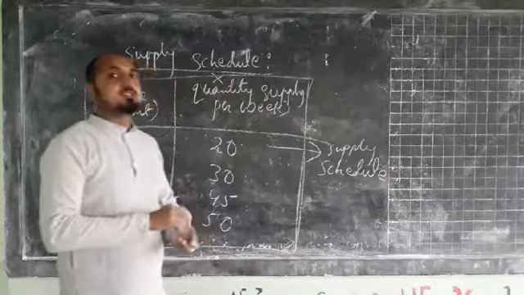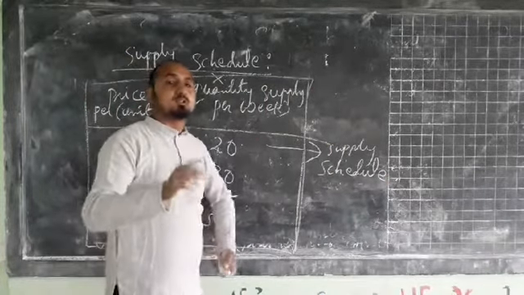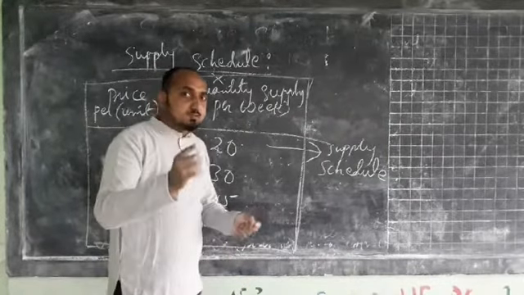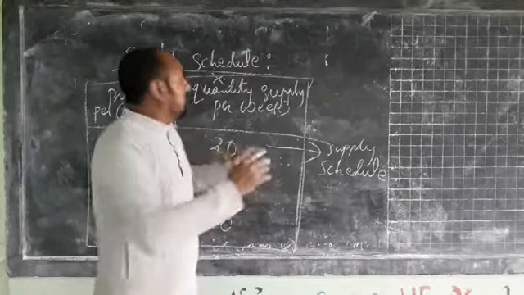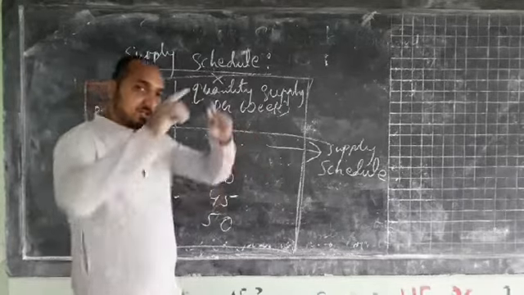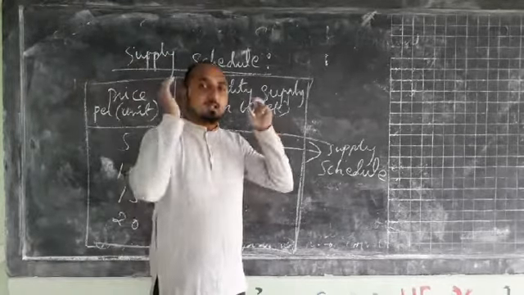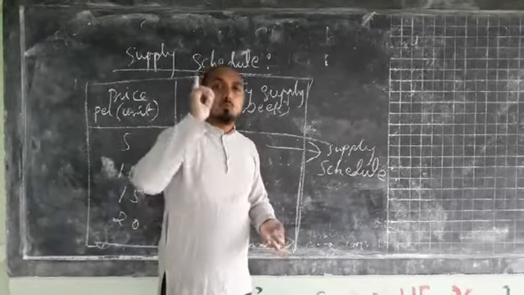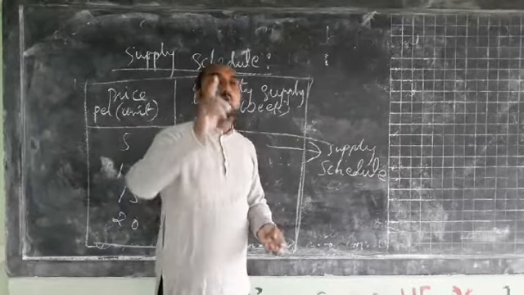schedule. And the supply schedule is of two types. One is called the individual supply schedule and the other the market supply schedule. In the case of the individual supply schedule, the definition is the same, it is a tabular representation, but in that case the quantity supplied will be considered for only one producer or individual firm.